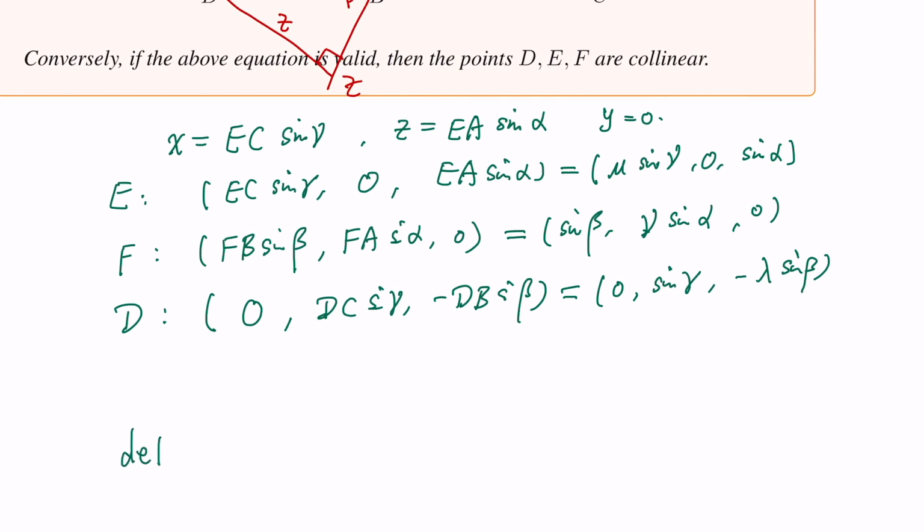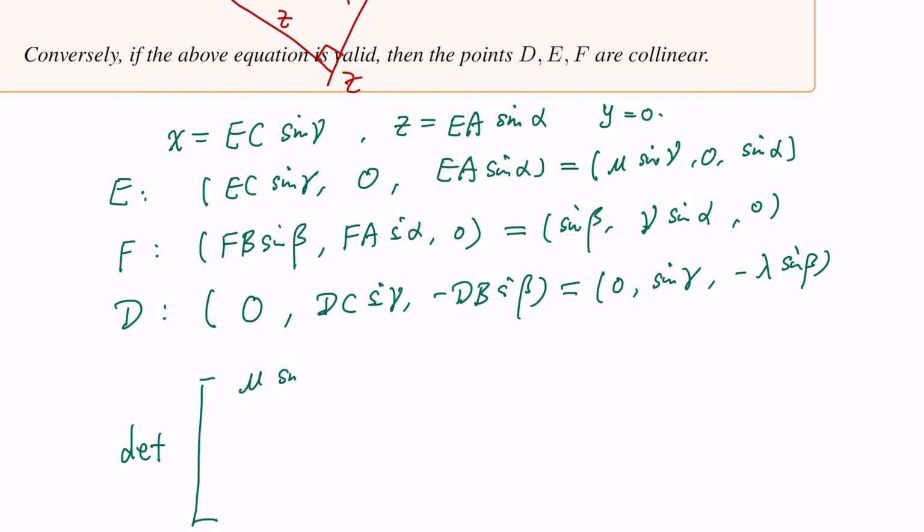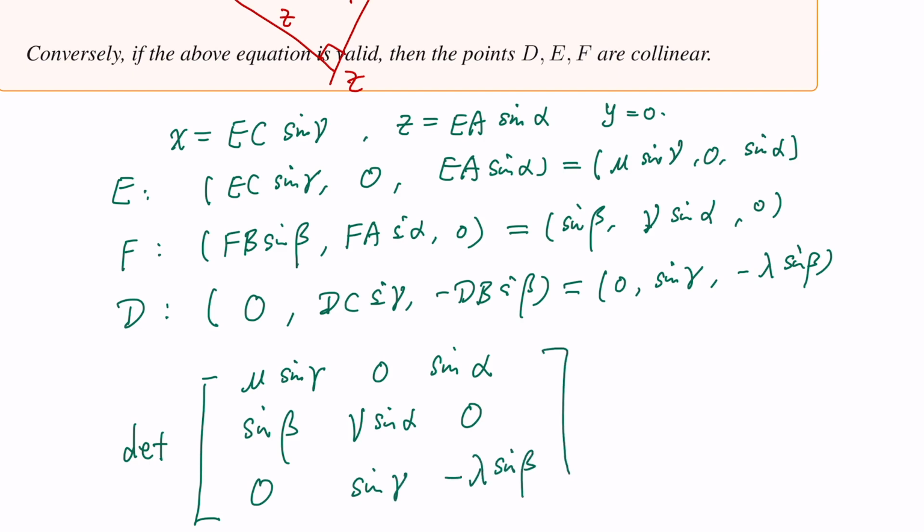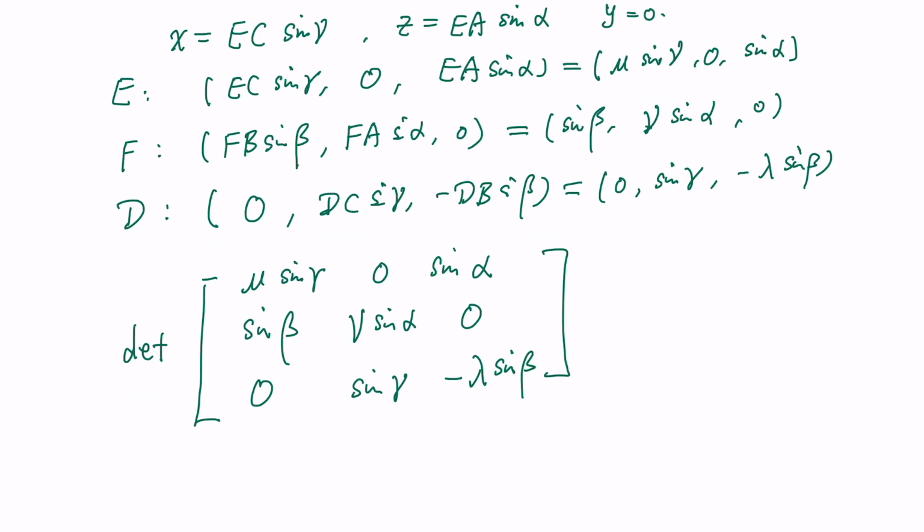So the determinant of, the order doesn't matter: mu sine gamma, 0, sine alpha; sine beta, nu sine alpha, 0; 0, sine gamma, negative lambda sine beta. So let's see.